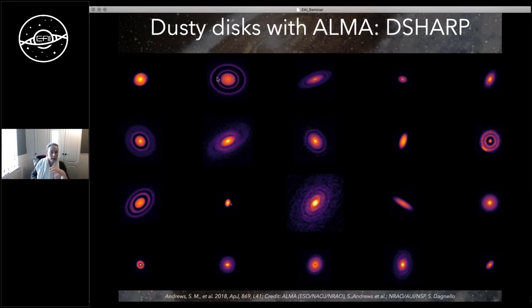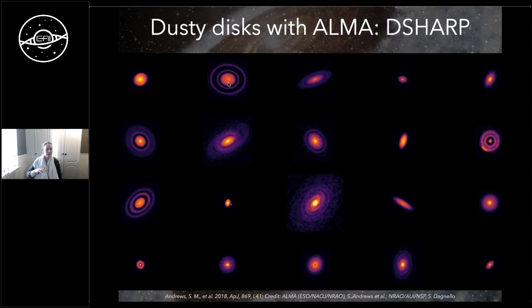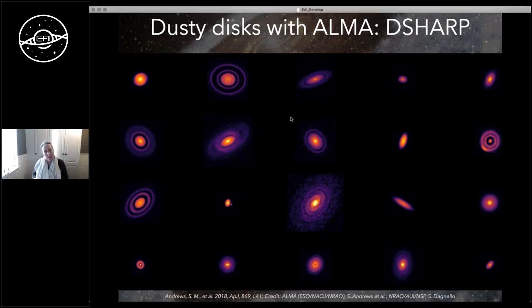For AS 209, there have been models that show that likely this large outer gap up here is due to a gas gap formed by a forming planet, for example, because planets exert torques on their protoplanetary disk and do create quite deep gaps, which also create these pressure maxima.